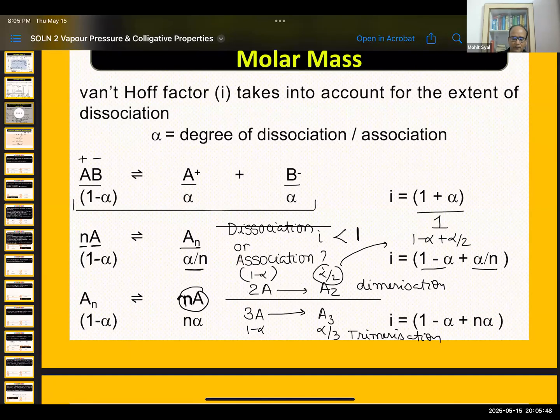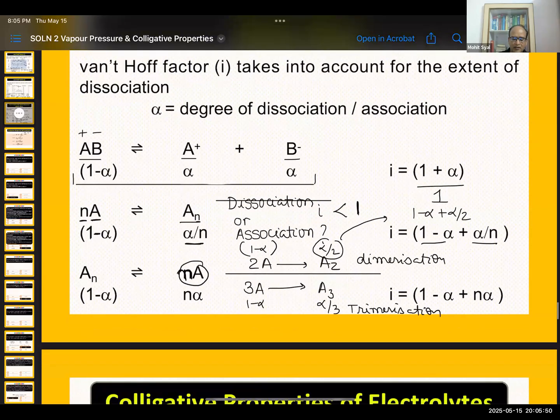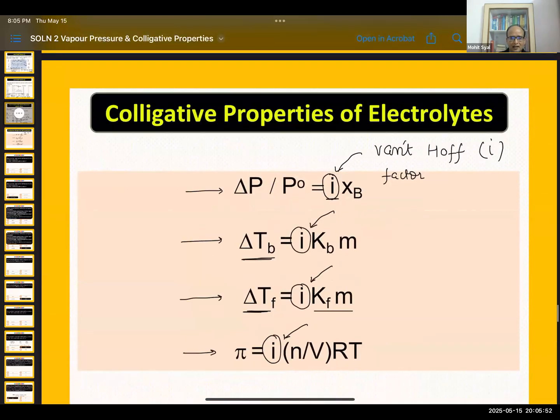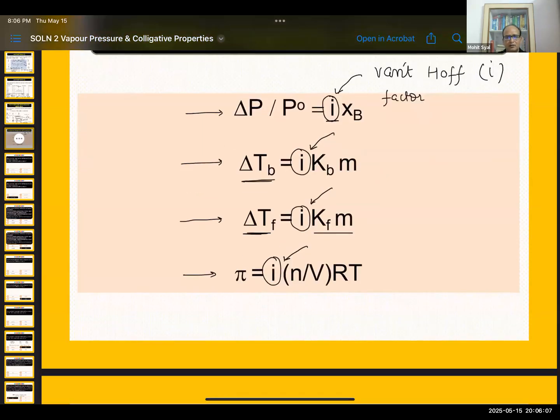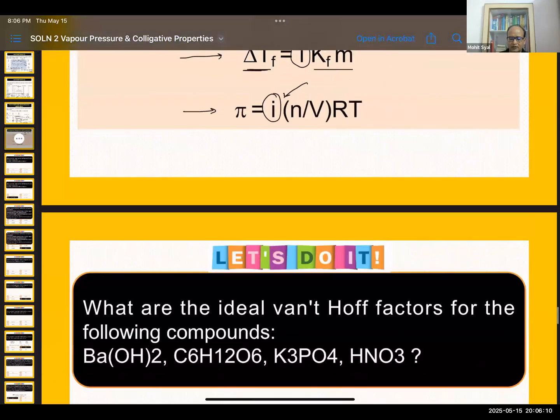Alpha is going to give you the actual number of particles. And these are the formulas for relative lowering of vapor pressure, boiling point elevation, freezing point depression, and osmotic pressure. You are going to have this.